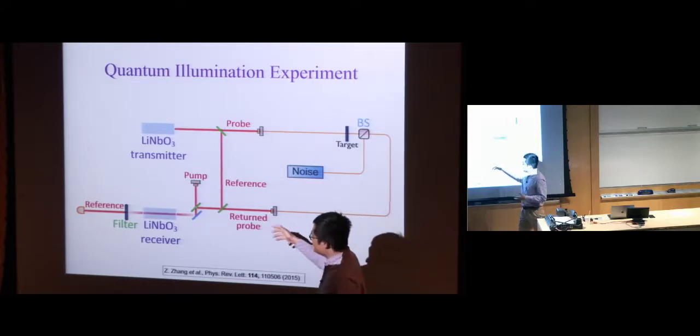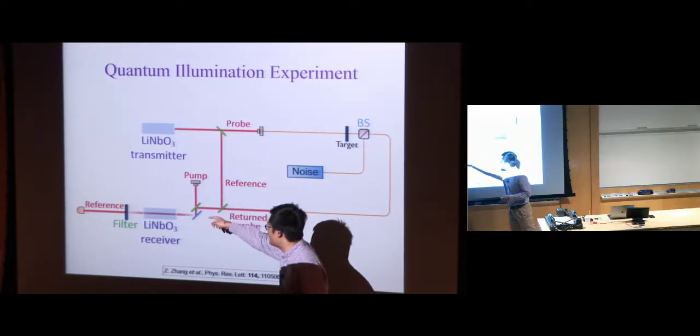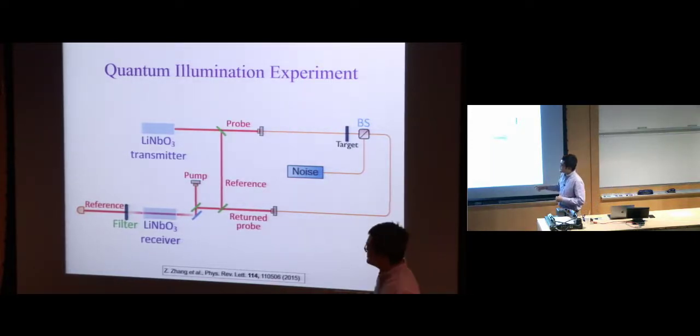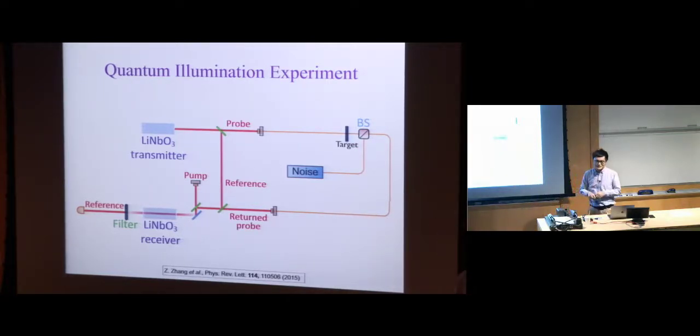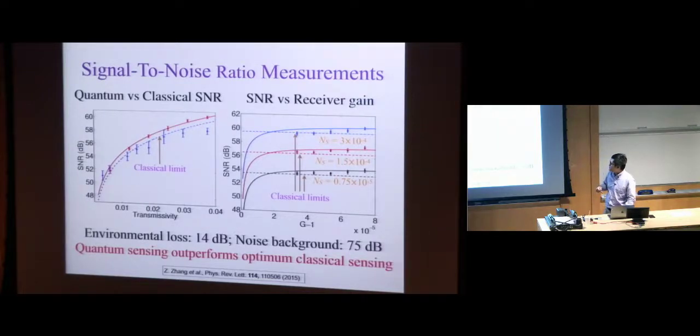When it comes back, you combine the probe with your returned reference, and further with a pump, and go through a second nonlinear process, which serves as a quantum receiver. You filter out all the other light, and you only perform measurement on the reference arm. This is a more complete experiment, which I'm not going to go through the details of.